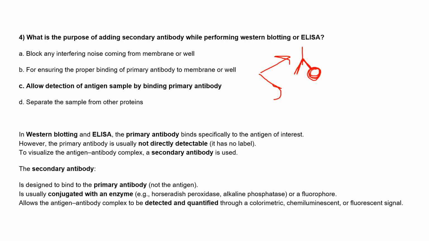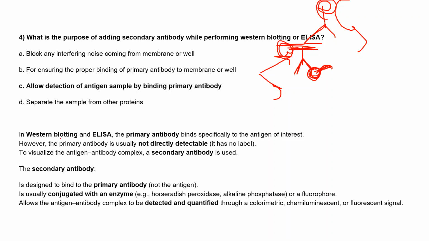But to see those bands or that particular antigen antibody complex, we can't see without color. The primary antibody is not linked to any enzyme. So that's why we add the secondary antibody, which is linked to an enzyme. That enzyme will convert the substrate into a product and we are able to detect it.